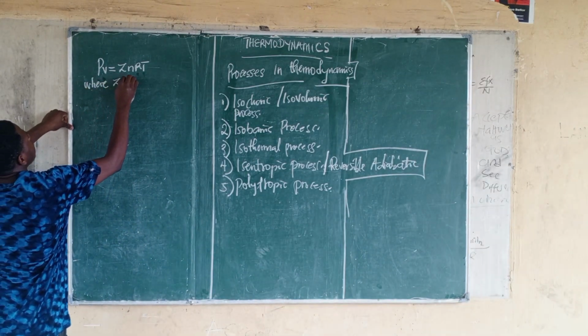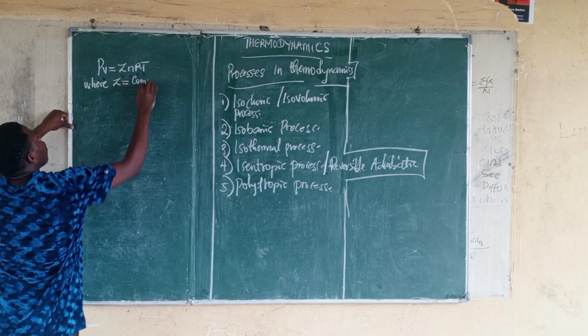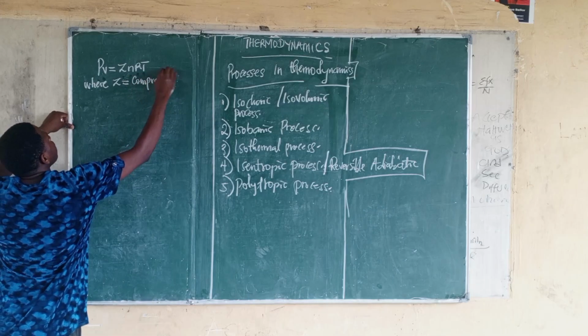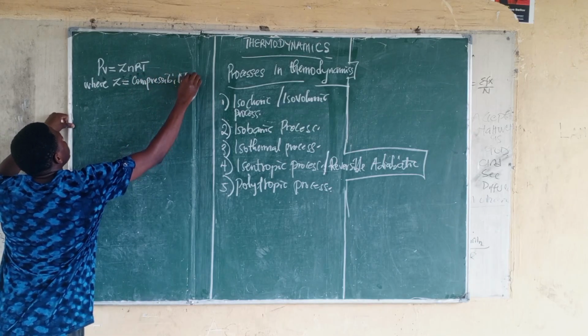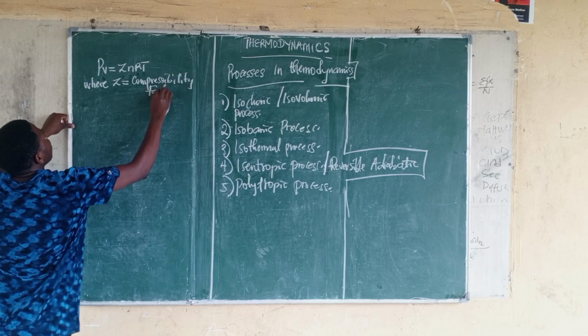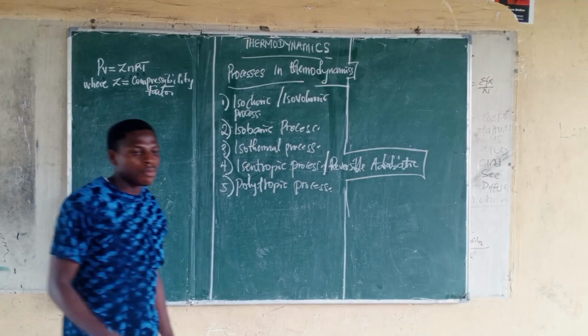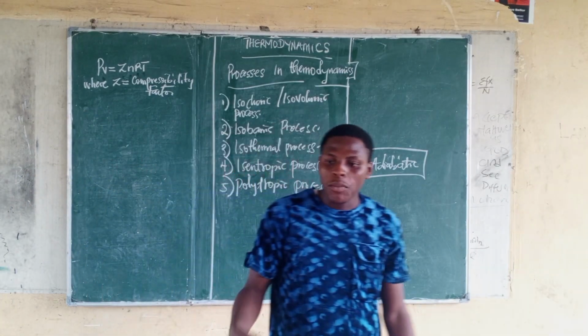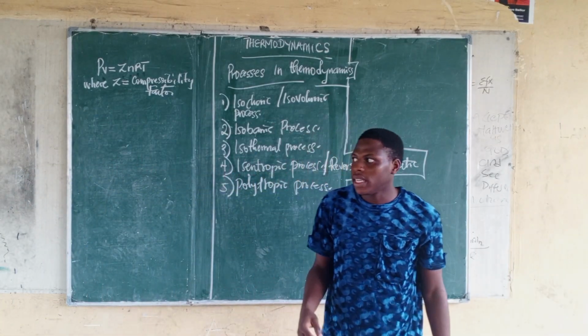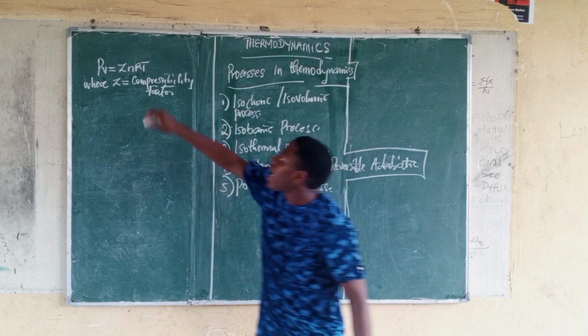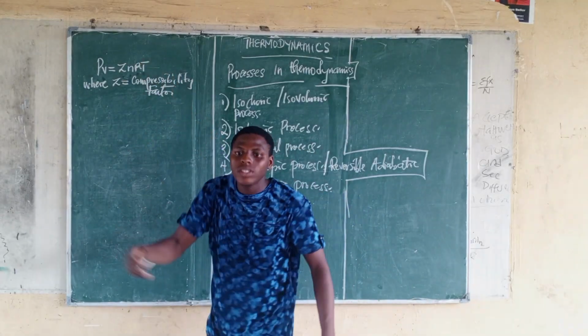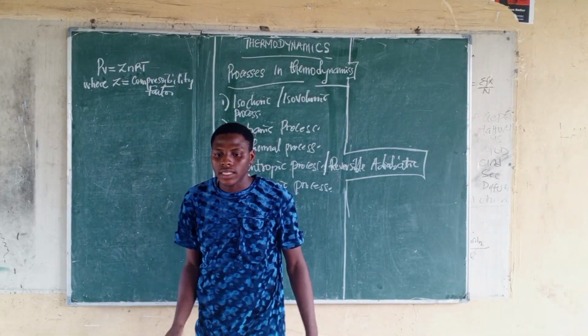Where Z is the compressibility factor, and R is the general gas constant for chemistry. Now in thermodynamics, our R here is called the specific gas constant.